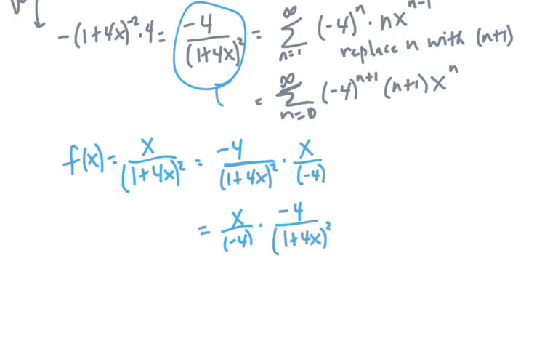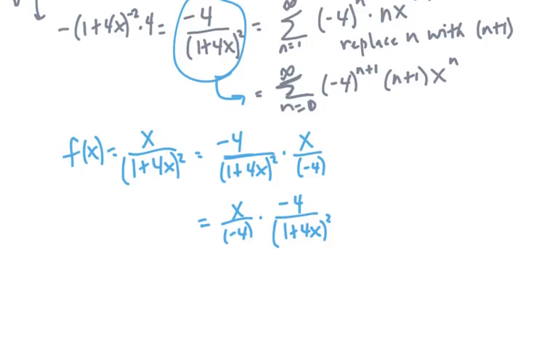Now we know that this fraction equals the series above. So we have x over negative 4 times the series from n equals 0 to infinity of negative 4 to the n plus 1 times n plus 1 times x to the n.